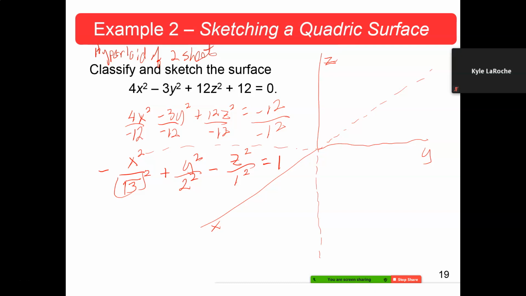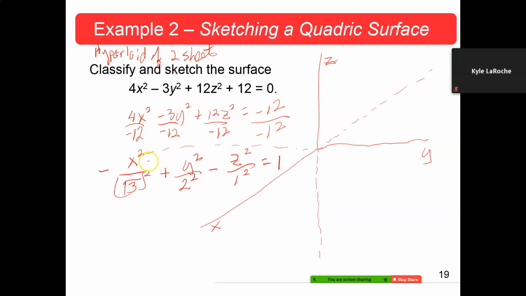So you point the fingers of your right hand in the x direction, bend them to the y direction, and the z is going to be your positive z direction. Okay, so I dotted the lines in for negative x this way, negative y that way, negative z that way. All right, now I just explained to the others how we go about classifying this.